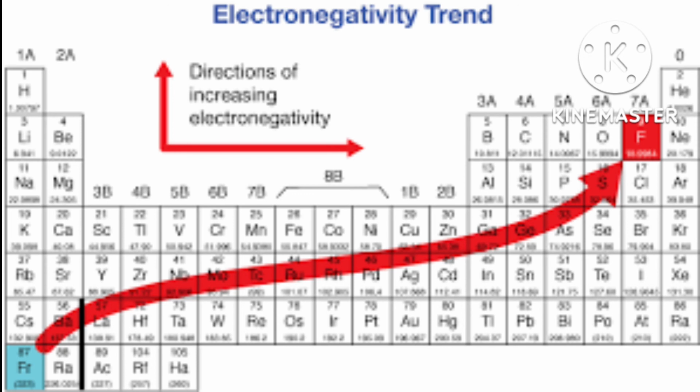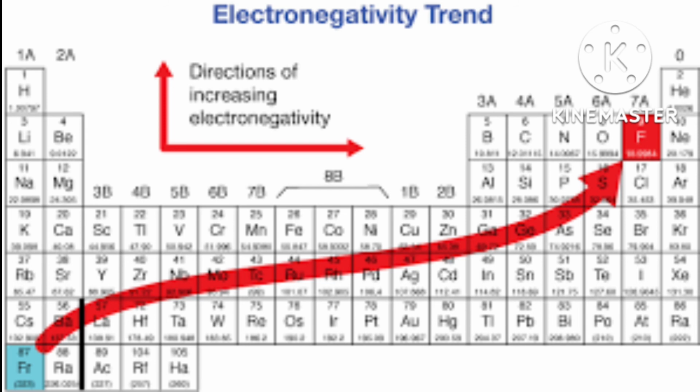And for the third period, again the same way, sodium to chlorine. Sodium has only 0.9, magnesium 1.2, aluminum 1.5, silicon 1.8, phosphorus 2.1, sulfur 2.5, chlorine 3.0.